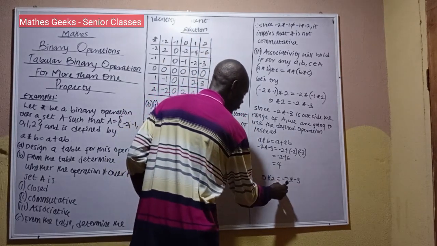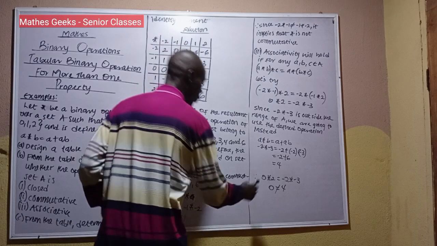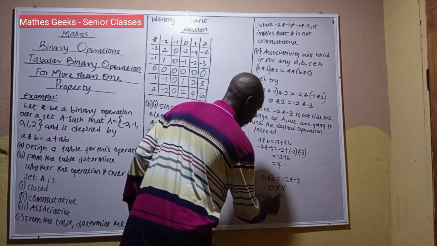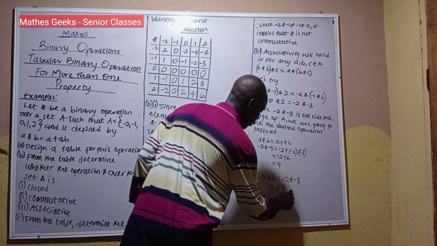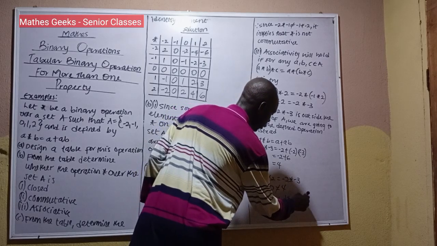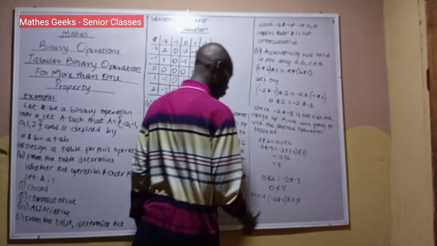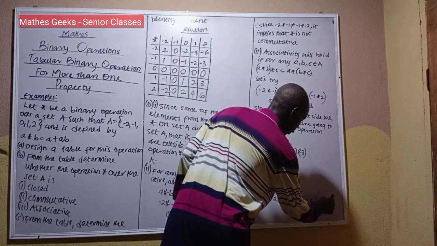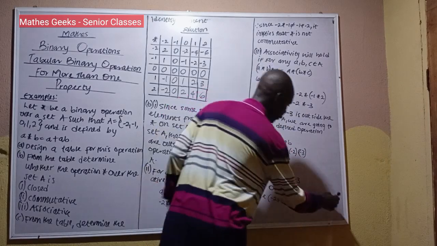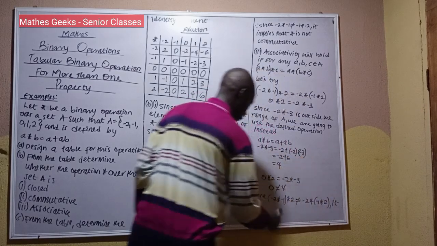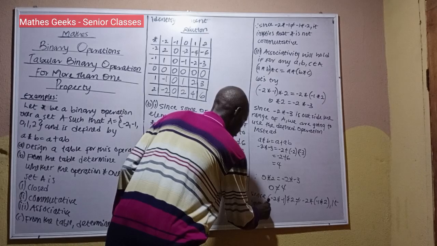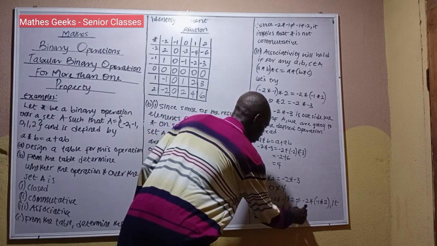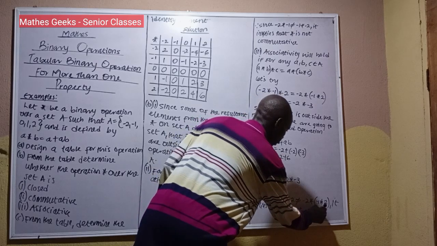So therefore we say this is not equal. Since (-2 star -1) star 2 is not equal to -2 star (-1 star 2), it implies that star is not associative.